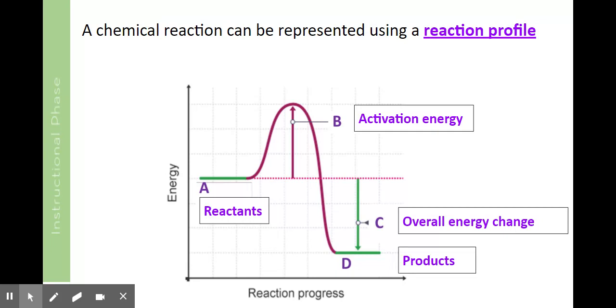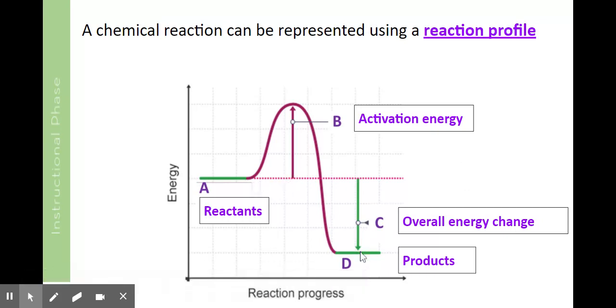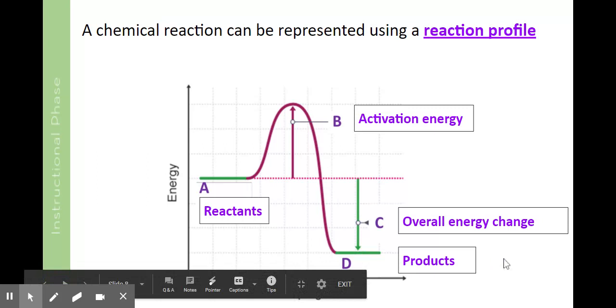So reaction profiles show the change in energy during a reaction between the reactants and the products. If the products have less energy than the reactants, the energy must have been given out. Therefore, this is a reaction profile for an exothermic reaction.